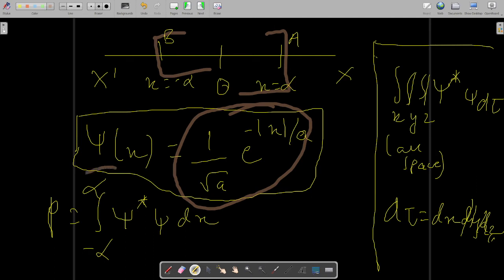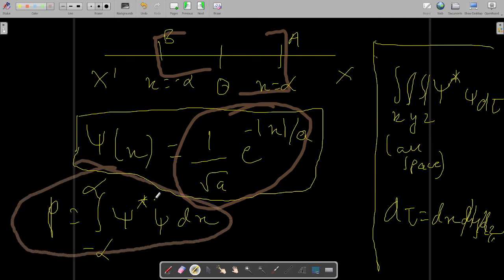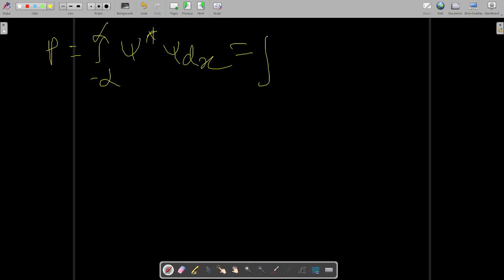So clearly I will write this integral on the next slide now. When I write that integral on the next slide, clearly I get this: the integral from minus alpha to alpha of psi star psi dx will be equal to the integral from minus alpha to alpha of 1 upon root a, e to the power minus mod x by a.